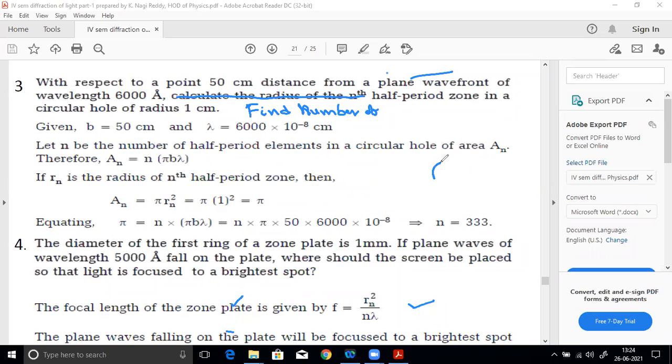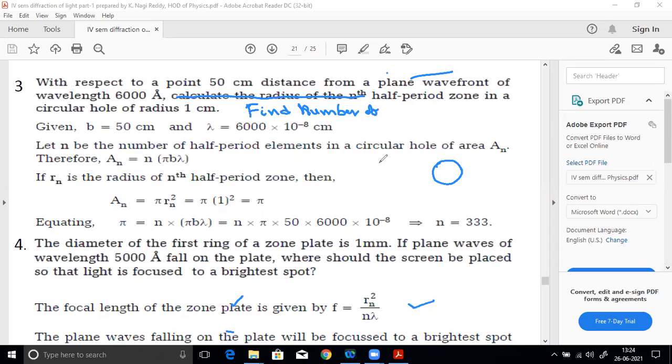This is a circular hole illuminated by light of wavelength 6000 angstroms, with respect to the point at a distance of 50 centimeters. How many half-period zones will be there?